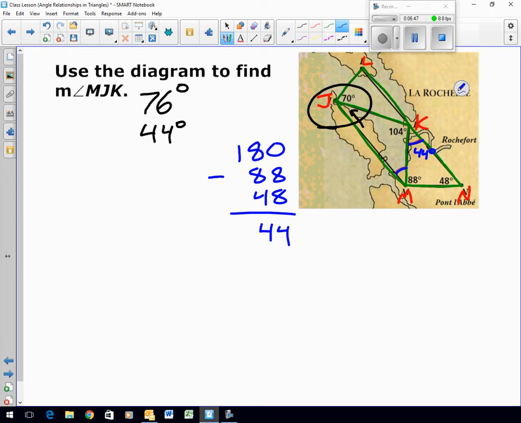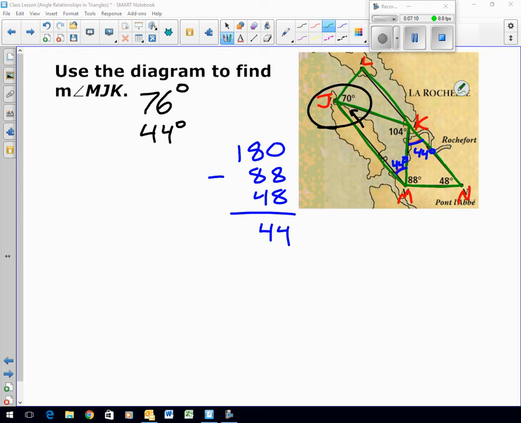If this angle measurement is 44, what is this angle measurement? Good. That means this is 44. Now I've got two of these angle measurements, and I can use that information to answer questions. See how that works?